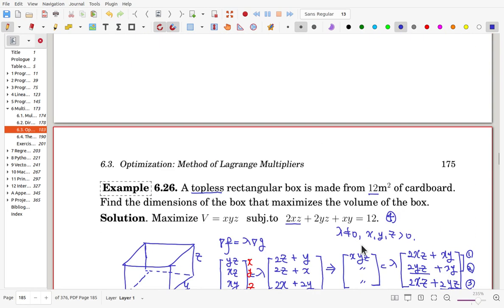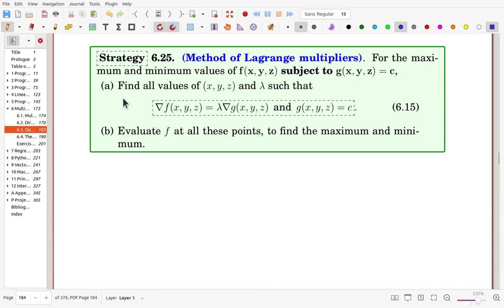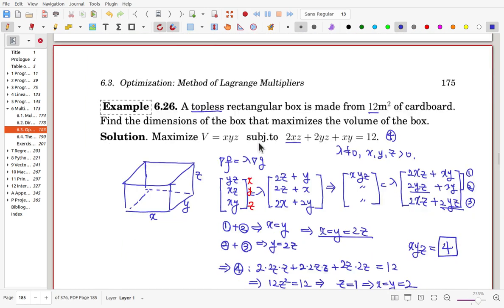And like over there, the strategy is we have to find all values of the point and lambda satisfying these equations. In the two-dimensional case, we have 3 equations, and now we evaluate f at all these points and get the maximum and minimum, right?